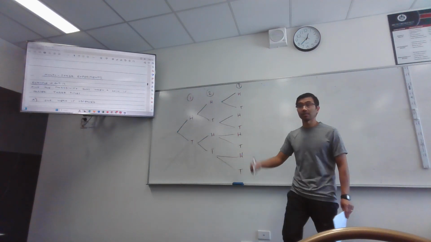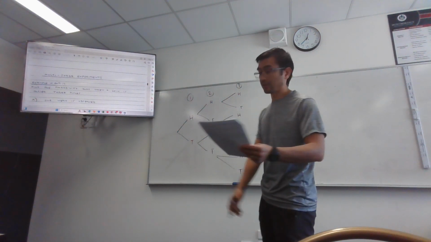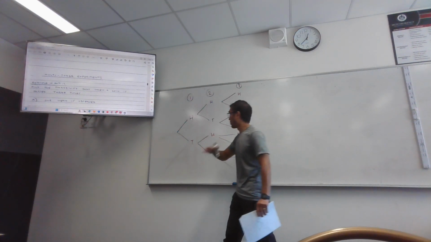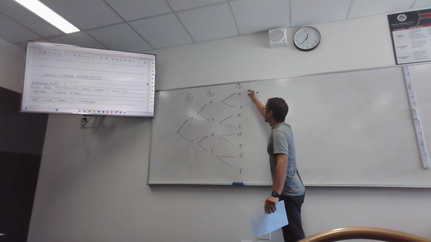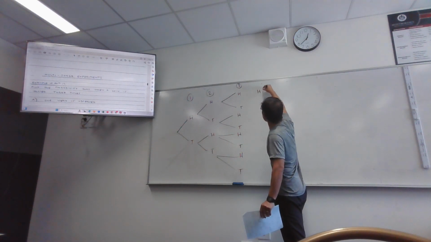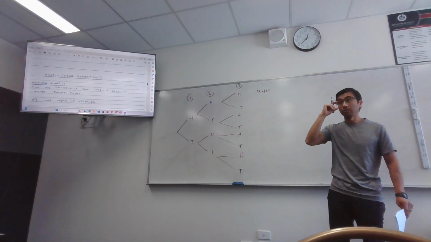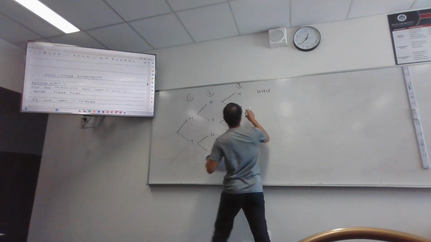So there's other techniques that you need to use. It's just like a highway, and we're traveling from the start to the finish. These are all finishes, and the first one, we could possibly get 3 heads in a row. And you just simply keep branching out to the next thing.